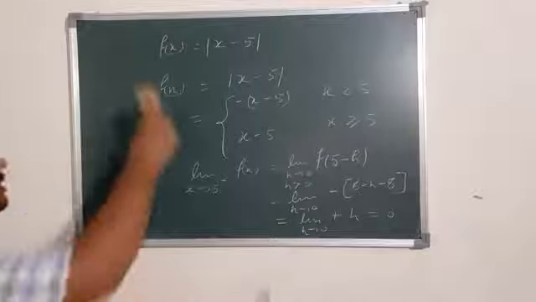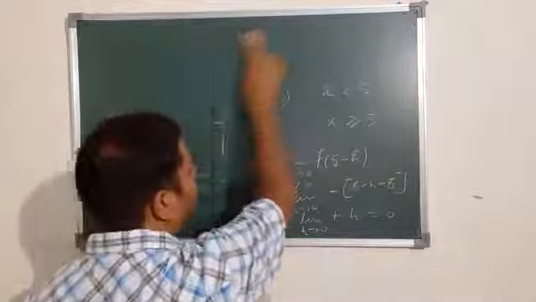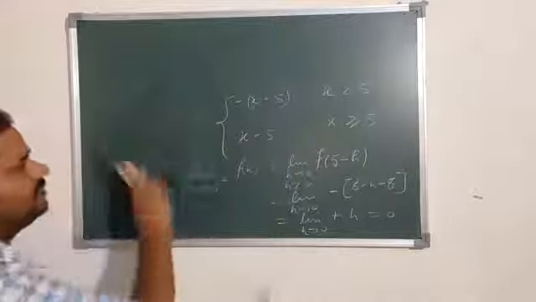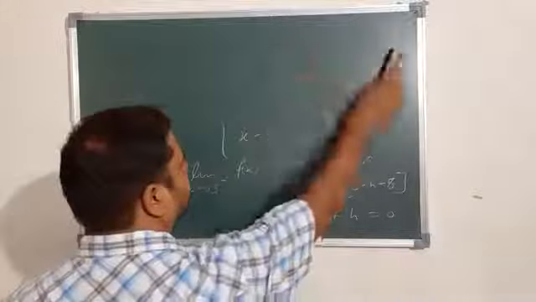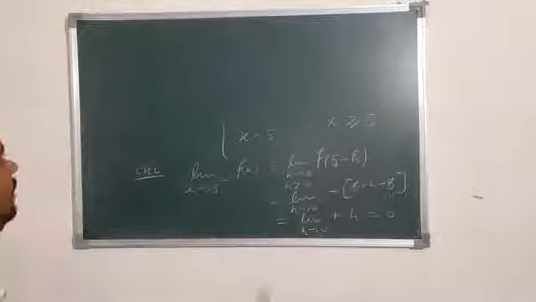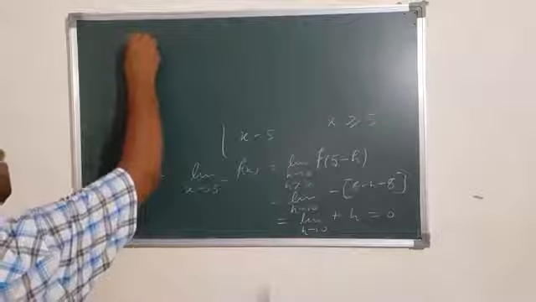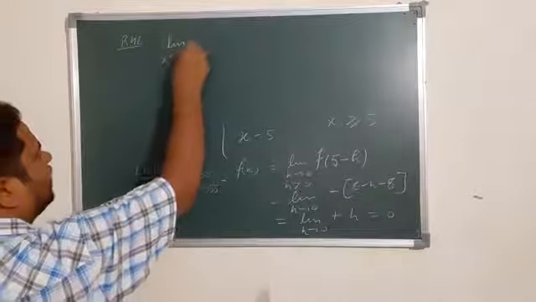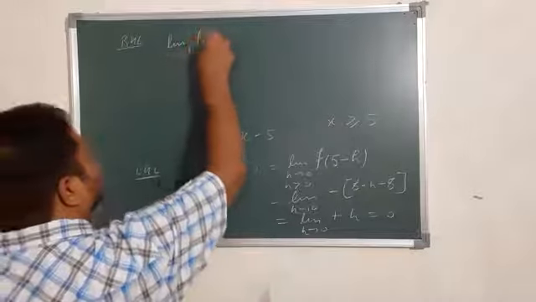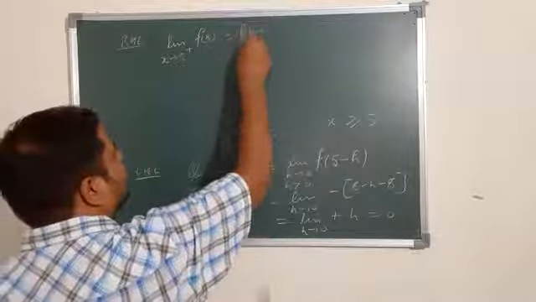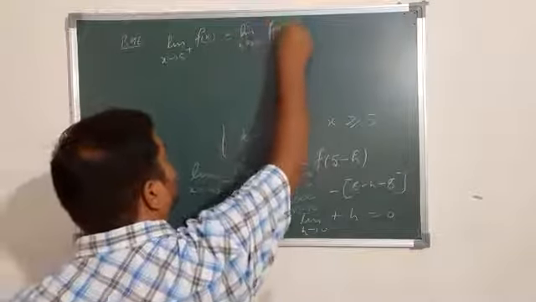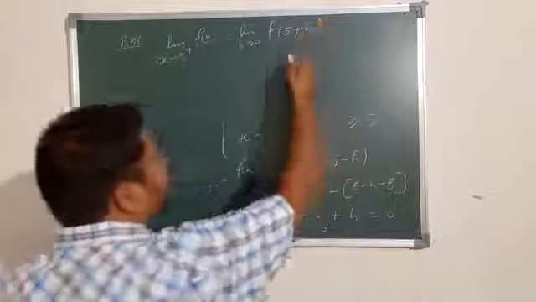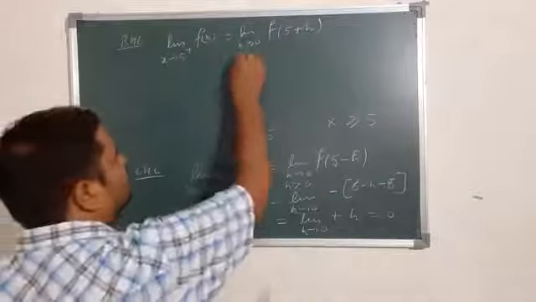Similarly, we can find RHL, that means right-handed limit. RHL is limit x tends to 5 plus f(x), that means limit h tends to 0, f of 5 plus h, and h greater than 0.